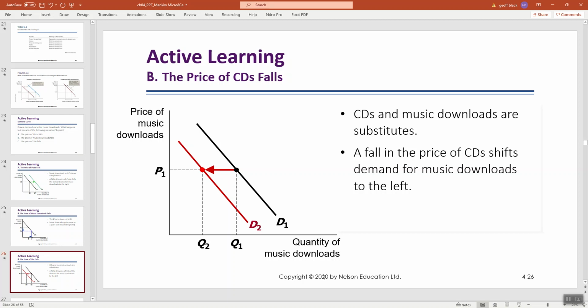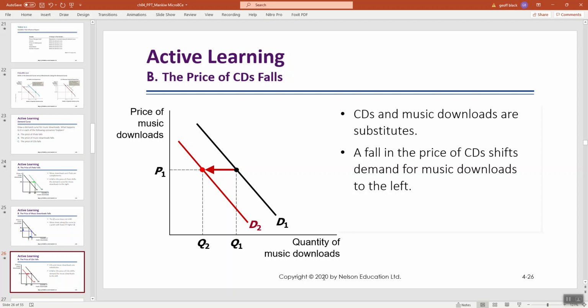These are substitute goods. So if the price of CDs falls, it's going to lessen demand for music downloads because more people are buying CDs. They technically stand in for each other.